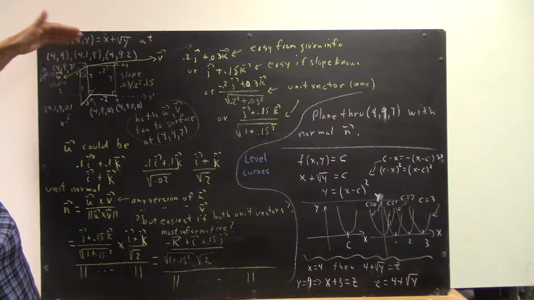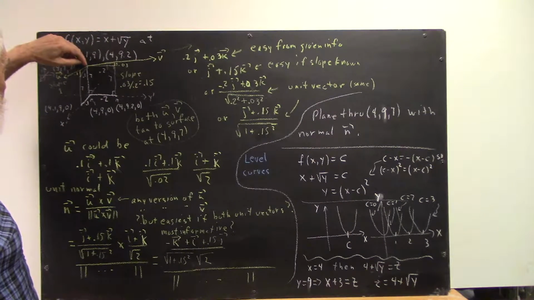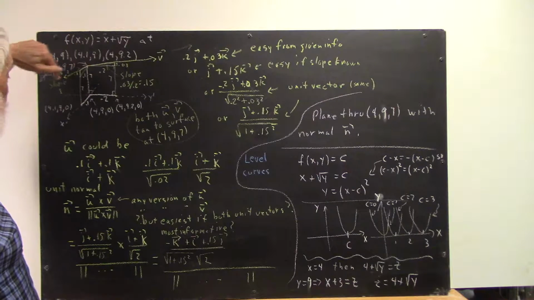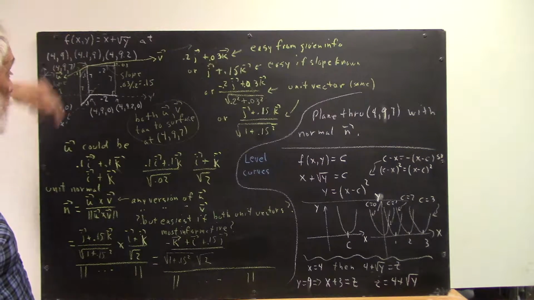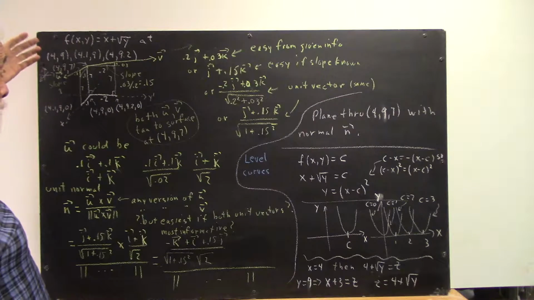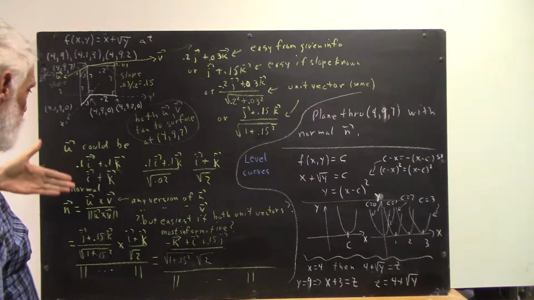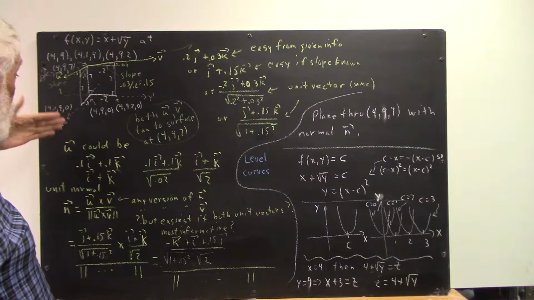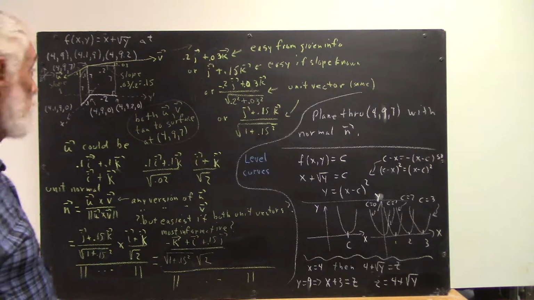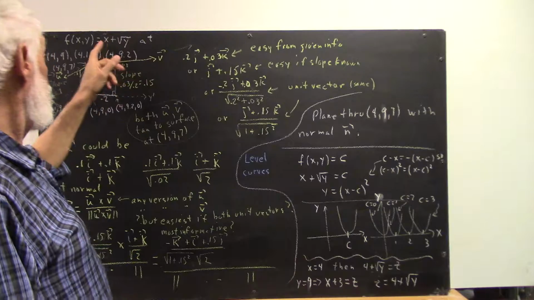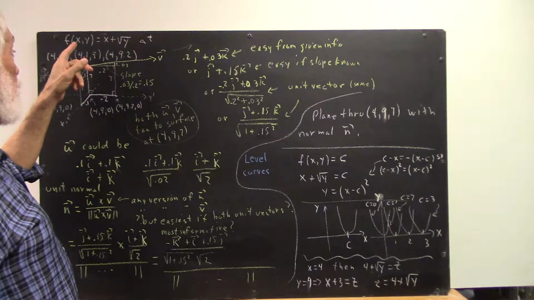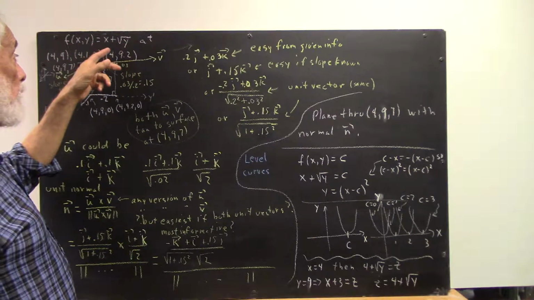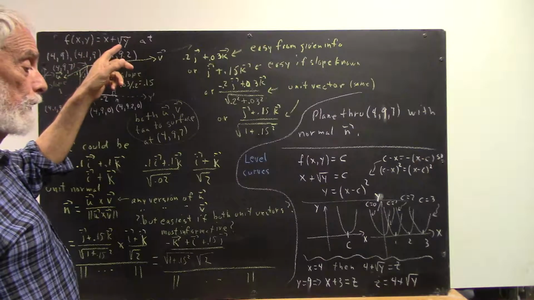Whatever curve we have is going to be parallel to this segment or to this u vector at this point. What is that curve in the intersection of the surface with the plane y equals 9? Well, if y equals 9, then square root of y is 3, and you have z equals f of xy equals x plus 3.